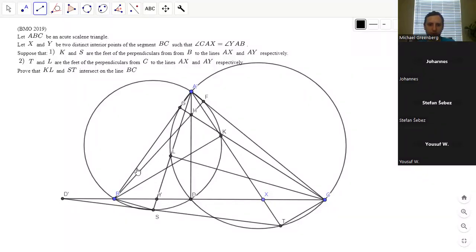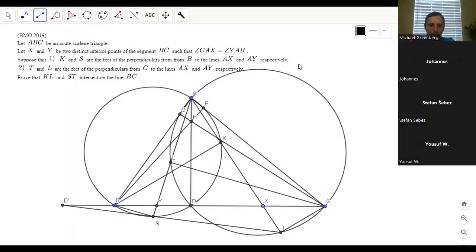So yeah, there's a lot of similar triangles. So if we prove that ALC is similar to AKB, we can prove that by power of a point that LSKT is cyclic.